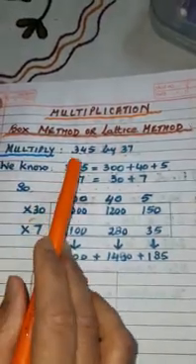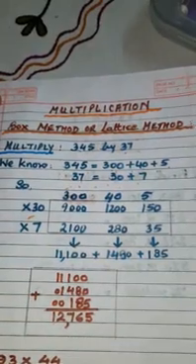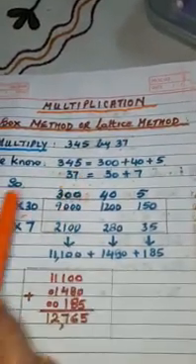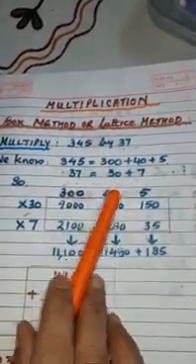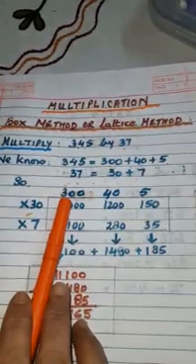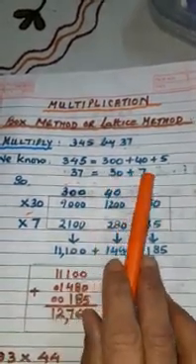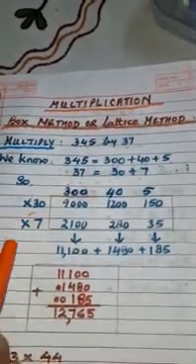So in multiplication, this 345 is called a multiplicand and 37 is called a multiplier. Now we are going to write these numbers without plus sign like this: 300, 40 and 5. I write this 30 and 7 also in a column with multiplication sign.